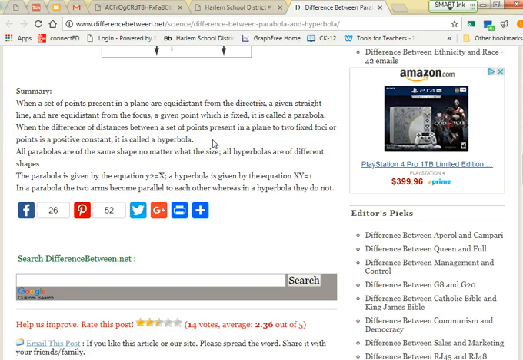So the definition is the difference of the distances between the points on the hyperbola and the foci is a constant, okay? It says all parabolas are of the same shape, no matter what the size, and all hyperbolas are of different shapes. That didn't help me at all, because I don't think all parabolas are the same shape. When I think about narrow and skinny and wide, that didn't make sense to me.